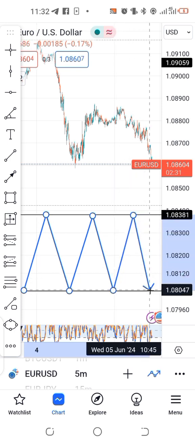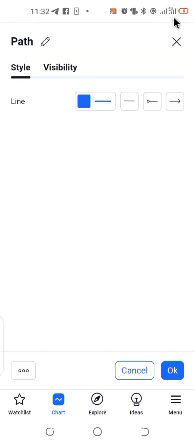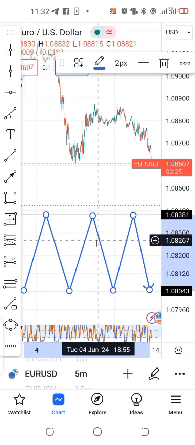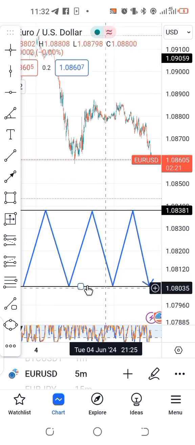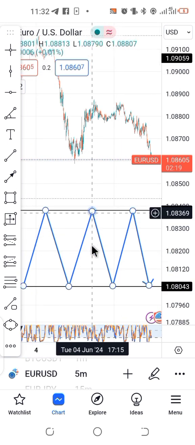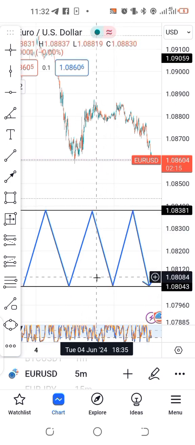When you see price moving within a specific range, it is telling you clearly that price is ranging, between this resistance and this support. That is what we call a ranging market.